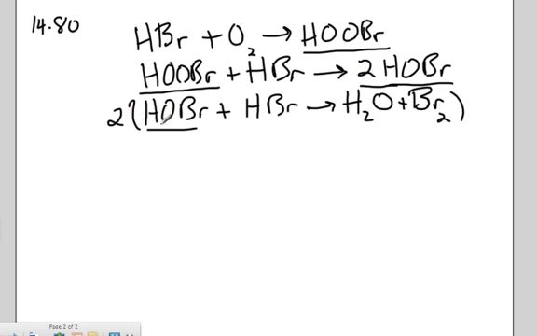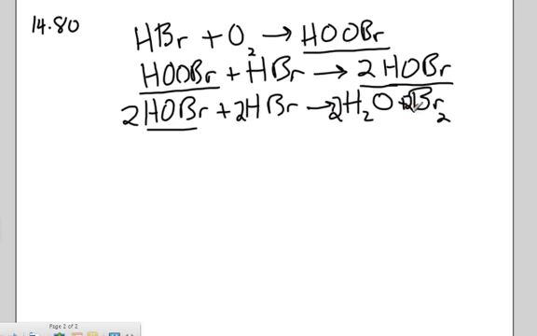But that's going to make everything else 2 as well. So I'm going to use the eraser, otherwise it'll get too confusing if I write it again down here. We're going to put 2's in front of everything. So 2, 2, 2, and 2.